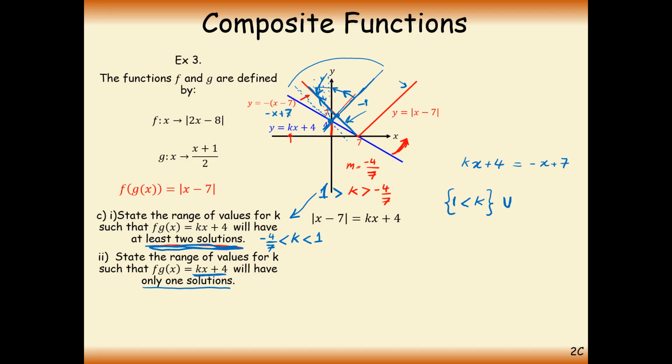So once the gradient is less than -1, it will stop intersecting completely. Therefore, the other answer is when k is less than -1. Okay, so for us to see only one intersection point, k has to be strictly larger than 1 or strictly less than -1. This is the answer to this part of the question.